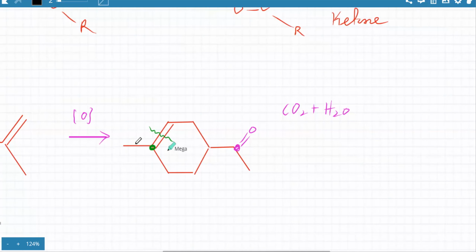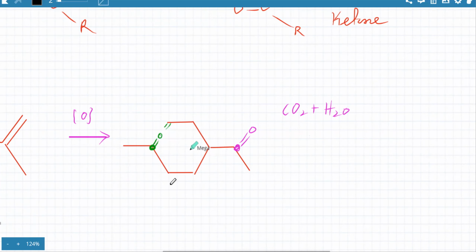Again, it's bonded to two carbon chains. The double bond is going to be completely gone from here. The remnant of the double bond is there just to clarify things. So this carbon atom over here is bonded to two carbon chains. So this would also change into a ketone, right?